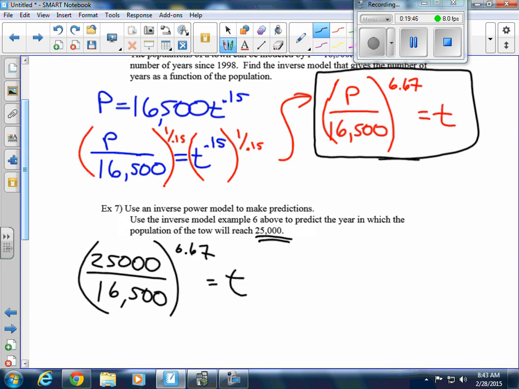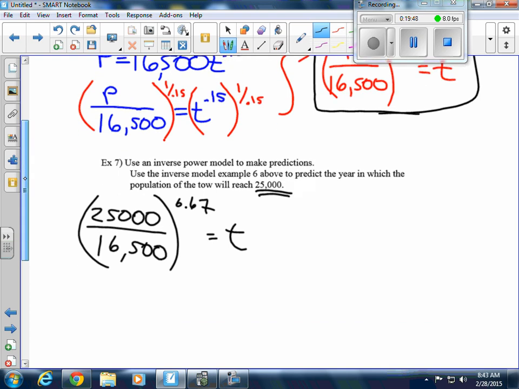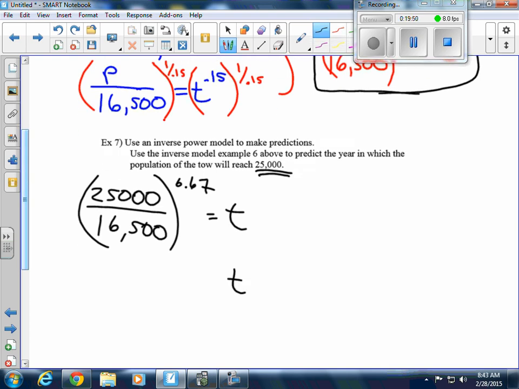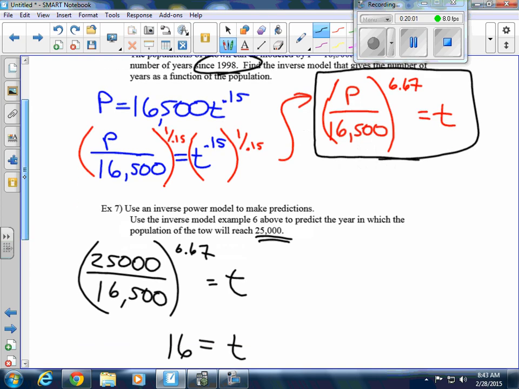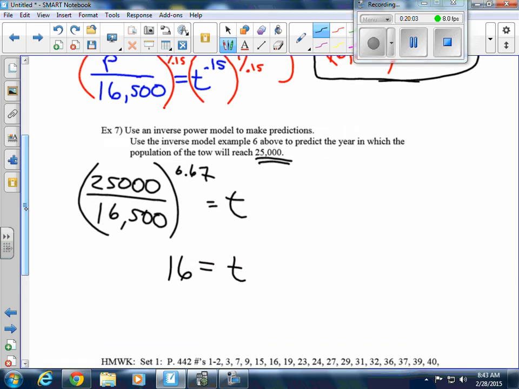And that's going to give us what t equals. If we plug that in, t is going to be 16. Remember from our original problem, t was the time since 1998. So we have to figure out how many years that would be. And 1998 plus 16 would be 2014.